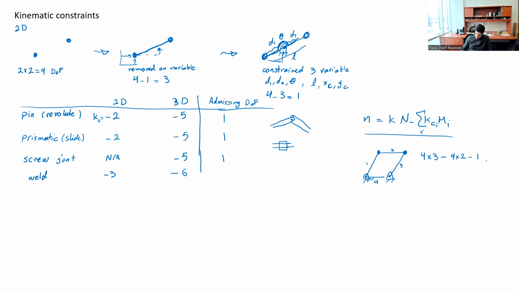So I have one of these weld joints that subtract 3 degrees of freedom. So n is 12 minus 8 minus 3 equals 1. So that's a 1 degree of freedom system.